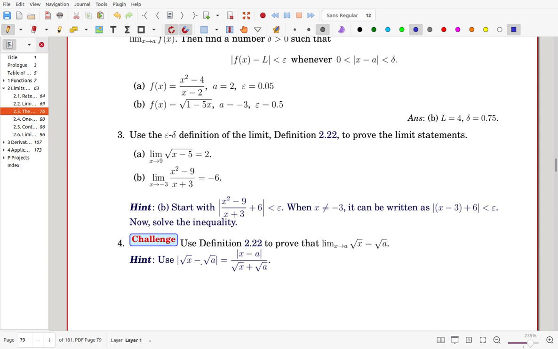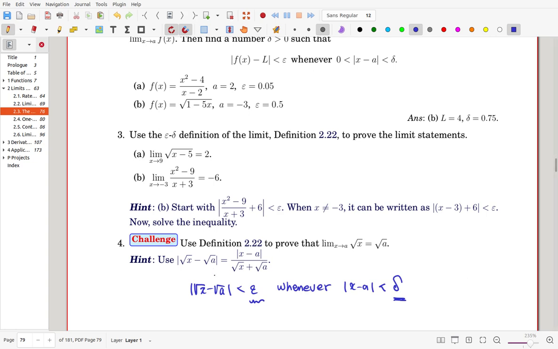What you have to do is that the absolute value of square root of x minus square root of a is bounded by epsilon whenever x minus a is bounded by delta. You have to find the delta for given epsilon. Epsilon is not given specifically, so you have to work with a general epsilon.